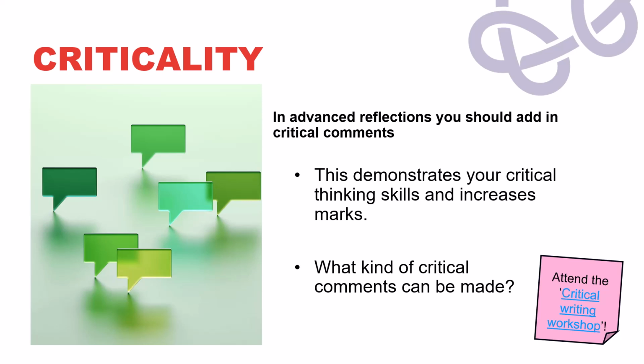Alternatively, a piece of research might demonstrate your point brilliantly, but the sample size within that piece of research might be really small. You may not be able to apply that to a wider population or to a wider group. It may not be statistically significant. So that will require a critical comment to demonstrate that you understand that this research may not be robust enough.